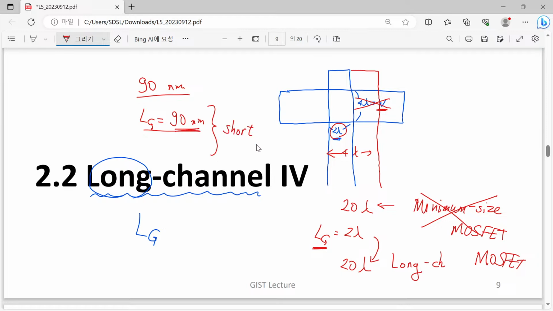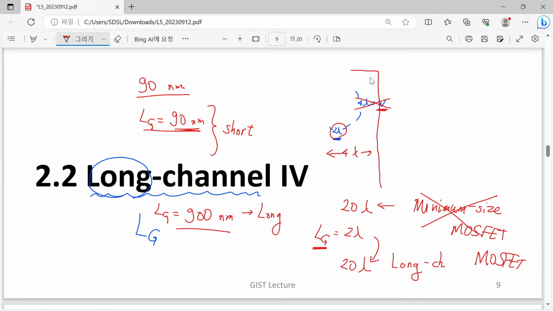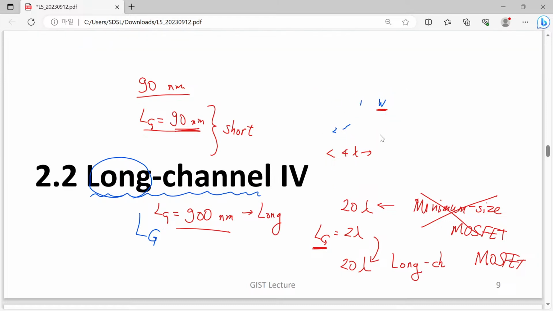However, for example, a 900 nanometer MOSFET, whose gate length is 900, is regarded as really long channel MOSFET. Okay, so I think that all of you are quite much with me.